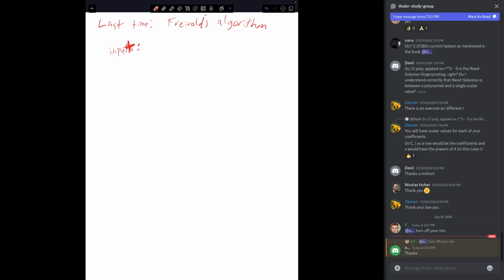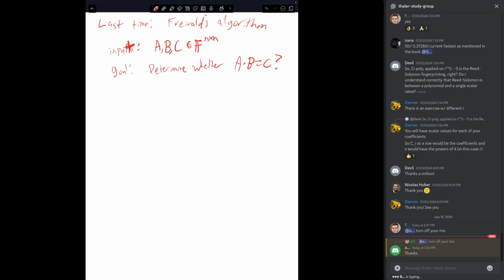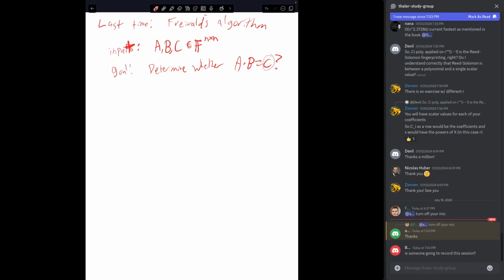So the input to Freivalds' algorithm is three matrices A, B, and C, and their entries come from some field F. So they're each n by n matrices over the field F, and the goal of the algorithm is to determine whether A times B equals C. You can think of C as being provided by an untrusted prover who's claiming that C equals A times B, but might be lying.